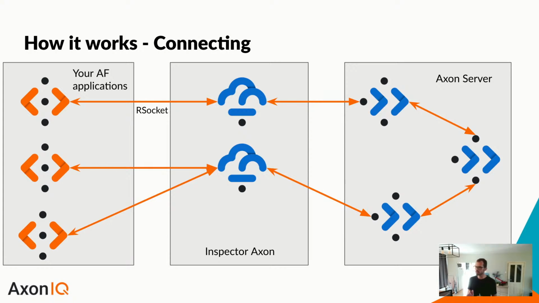They have a continuously open TCP connection because our socket is a protocol that can both send messages and receive messages over the same stream, which is ideal for Axon framework applications and this kind of application that Inspector Axon is. Because, for example, the client applications open the connection to Inspector Axon, and Inspector Axon is able to send a message back to stop the event processors.